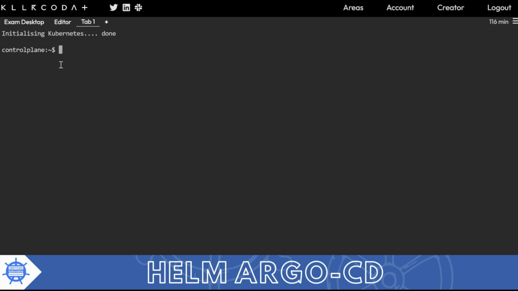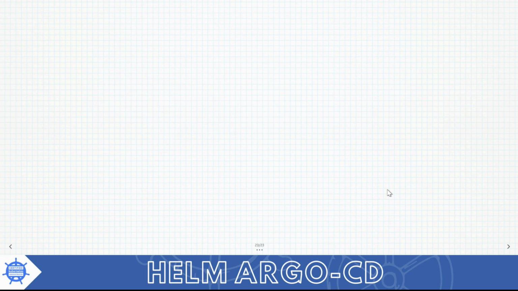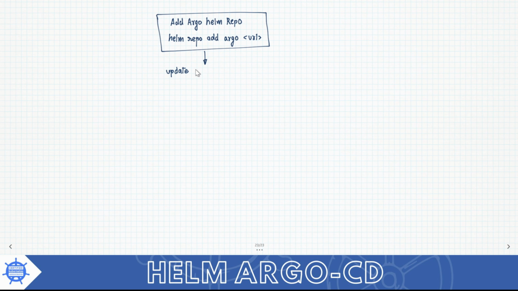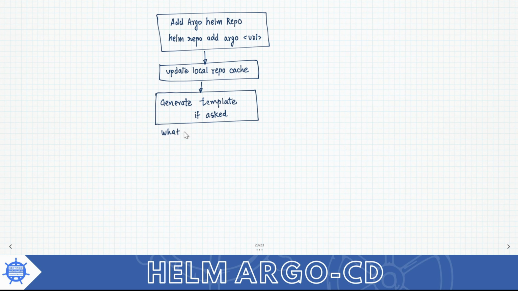Here is the Killercoda where CRD is not already installed. So what's the flow? Add the Argo Helm repo. Helm repo add argo, then the URL, which you don't need to worry about. Then update the local repo so that you can use the updated version. Then generate the template, and here is what parameters you need. Then create the namespace.